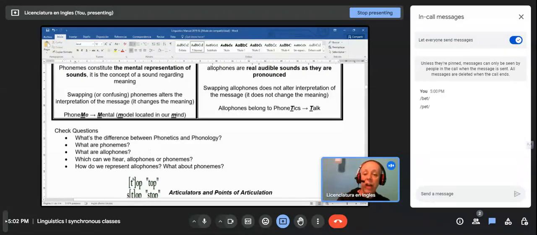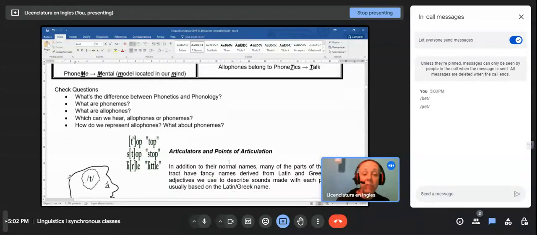Which can we hear, allophones or phonemes? We can hear allophones, not phonemes, because phonemes are ideas. How do we represent allophones? With square brackets. How do we represent phonemes? With slant bars like this. Which one do you find in a dictionary? Phonemes. You have pen. How to pronounce pen? Like this. This is what you get.